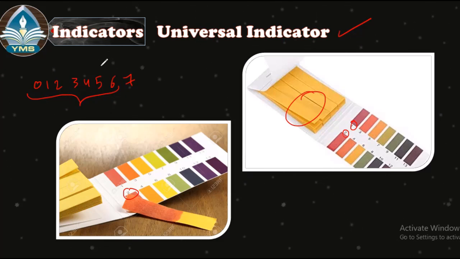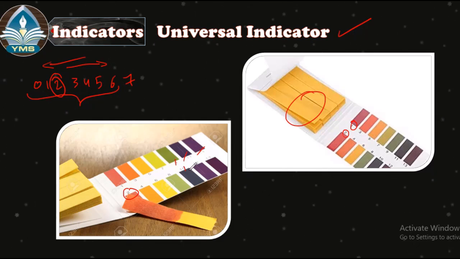And we said as you go this side towards 7, it becomes weaker. As you go this side away from the 7, it is stronger. Now it gives us 2, and 2 is a strong acid. And the bases will give us the same. These colors here will give us the color of the bases. So the universal indicator shows us the strength of the acid and the base.